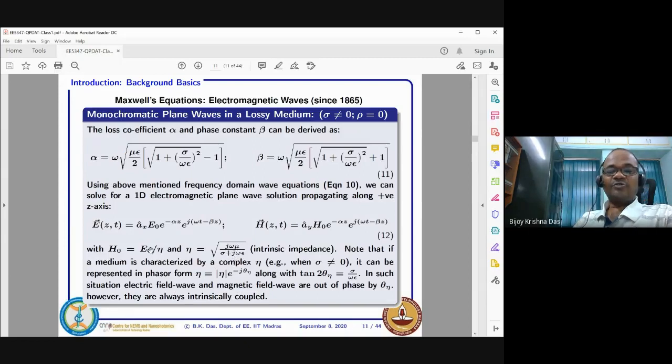In that case, H naught and E naught will not be in phase, because H naught will have whatever phase E naught has, and along with that, eta's phasor part is added. That's why if sigma is not equal to 0, E naught and H naught will not be in phase. If sigma equals 0, then they are in phase.